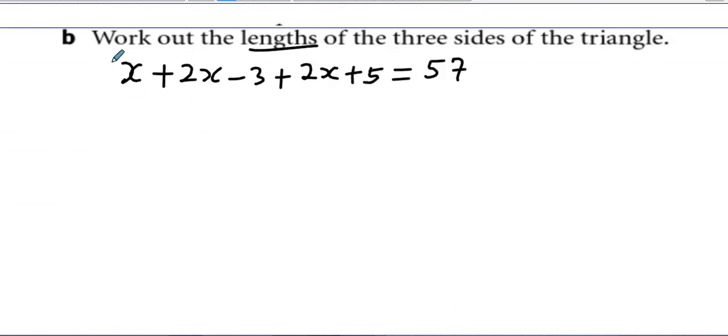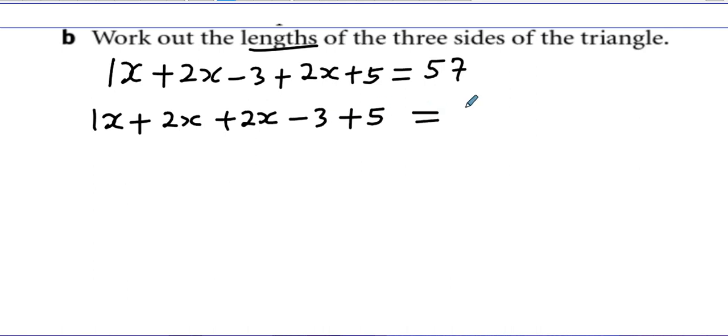Collect like terms: 1x plus 2x plus 2x, then minus 3 plus 5 equals 57. Simplify: 1x plus 2x is 3x, plus 2x is 5x.